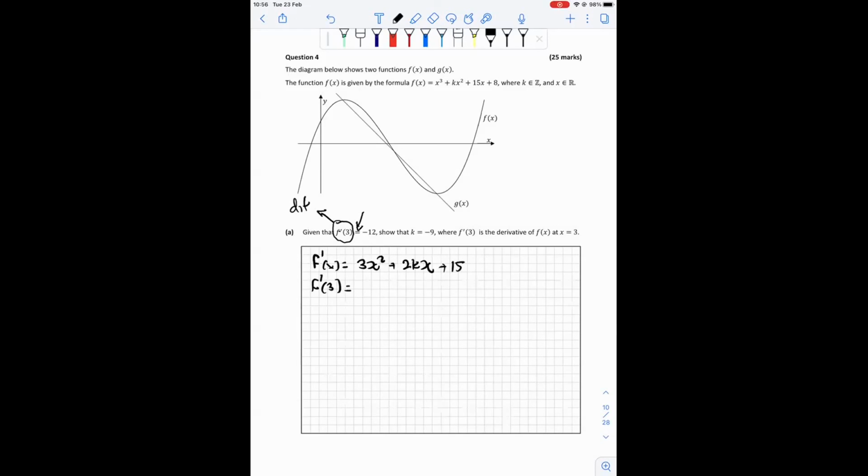So I will sub in 3 and then make it equal to minus 12. So 3 times 3 squared plus 2k times 3 plus 15 has to be equal to minus 12. 3 times 3 is 9, times 3 is 27, plus 6k plus 15 equals minus 12. 27 and 15 is 42.